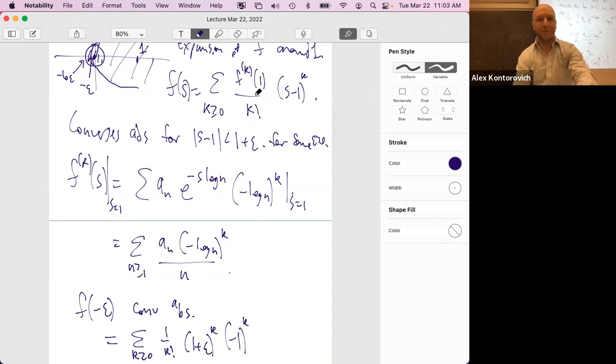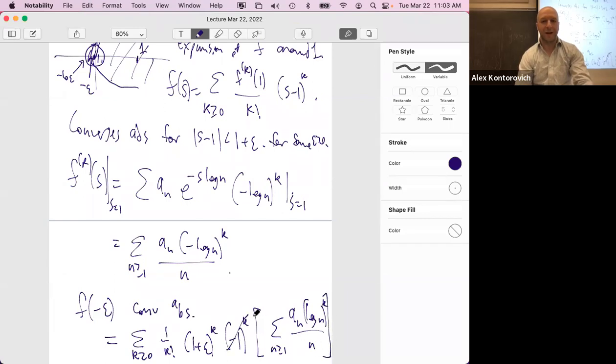And then I put in the kth derivative of F, which I have right here: a sum over n, a_n log n to the k over n, and a minus 1 to the k. The minus 1 to the k cancels this minus 1 to the k.